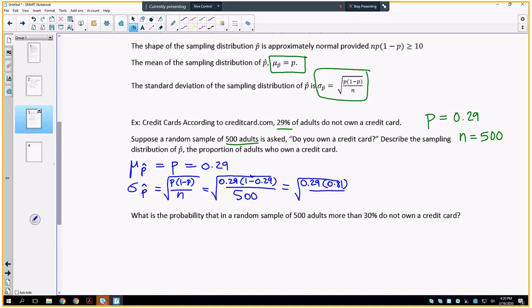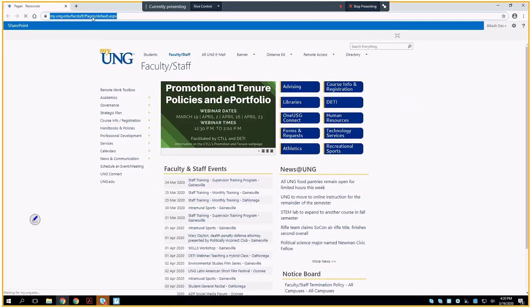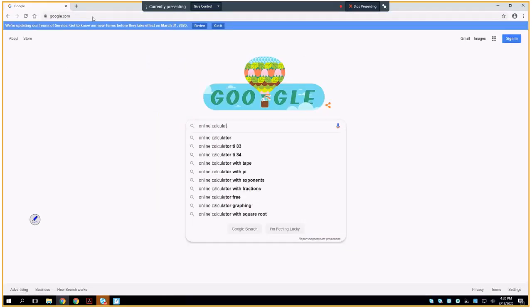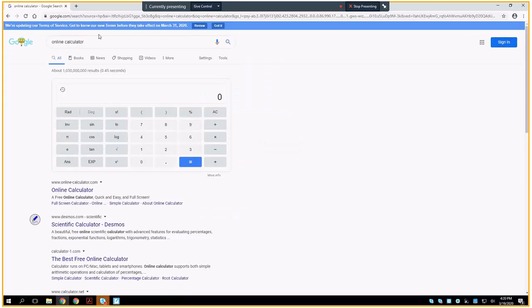I'll probably need a calculator to help me out. You probably have a desktop calculator or a calculator in your phone, or any type of calculator that you trust.